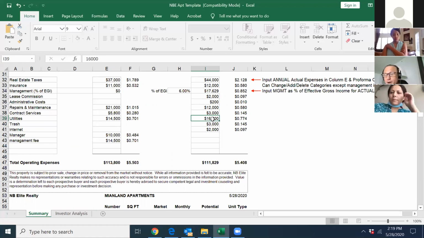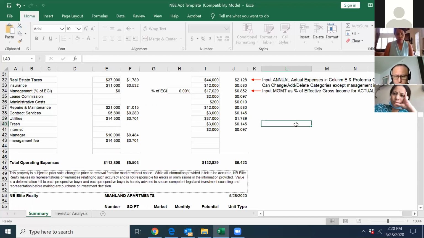How much? I think on average, to be high end, $100 per unit is good enough. So let's say $1,800 times 12 months, 21,000. So I'm going to add another 21,000. So it's going to be $37,000. Okay? Got it?